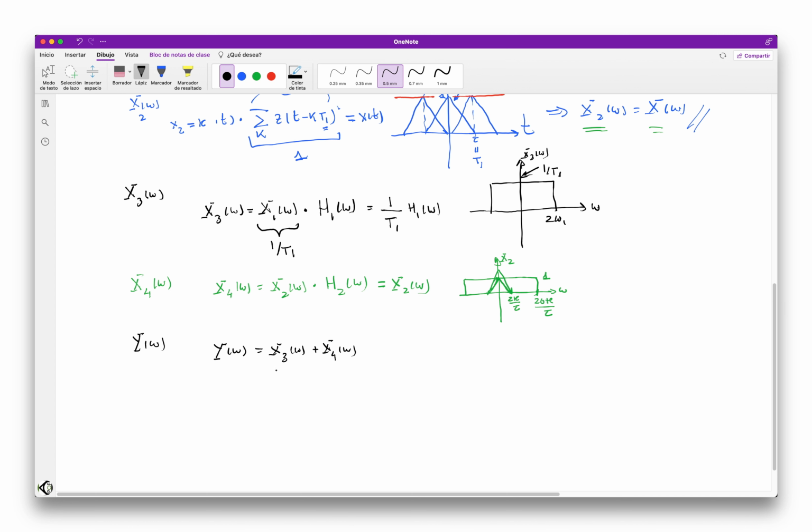Let's remember what each signal was. x3 of omega was that one, and x4 of omega was x2. If we add this square with this triangle, the result is this signal that you will see over here.